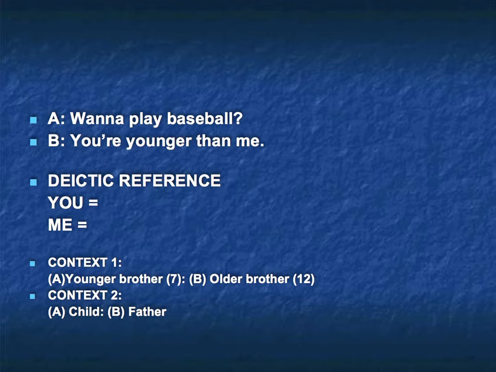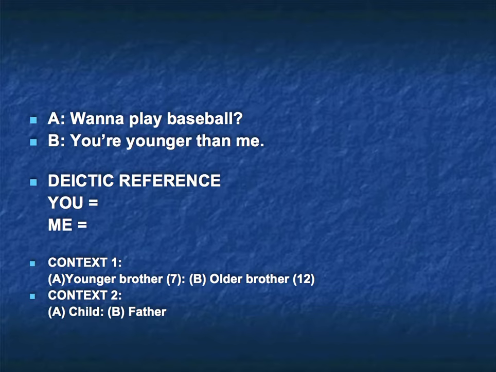In context 1, "Want to play baseball?" is from younger brother to older brother. "You're younger than me." The meaning of young here is inexperienced: you're not good enough to play with me.